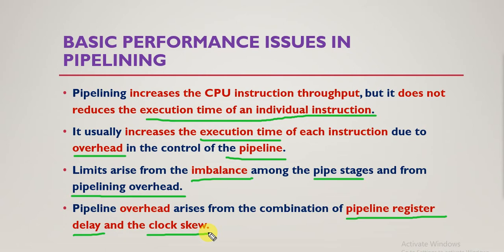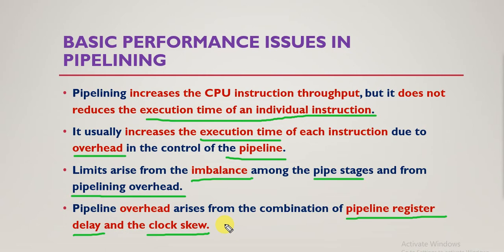And there is also a problem called clock skew. Clock skew is because of some variation in time. Skew is actually a time variation. If a task is to be completed within a cycle and it does not complete and takes more time, there will be a clock skew, a time variation, and it will affect the remaining stages also.